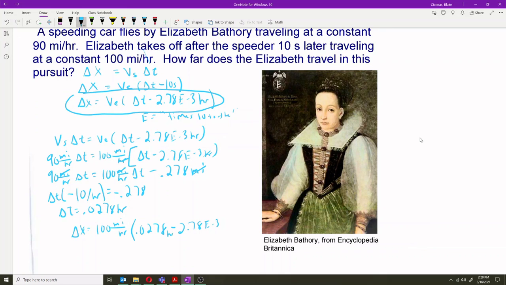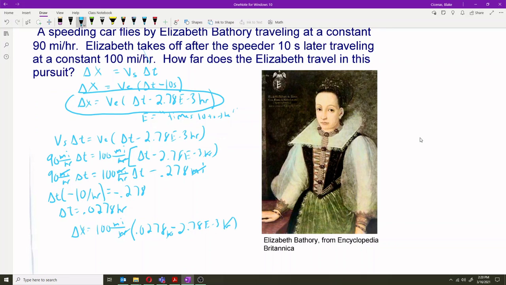These both have hours, which I forgot to put, sorry. Hours cancels, so I guess it was pointless anyways, but you get the picture. Then I multiply that by 100, and I get roughly 2.5 miles.